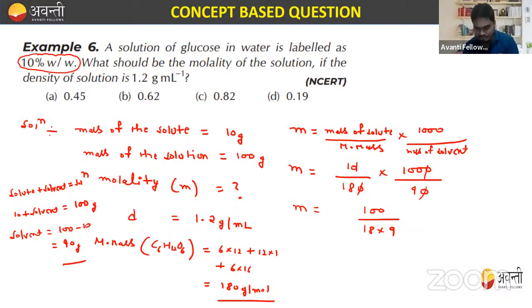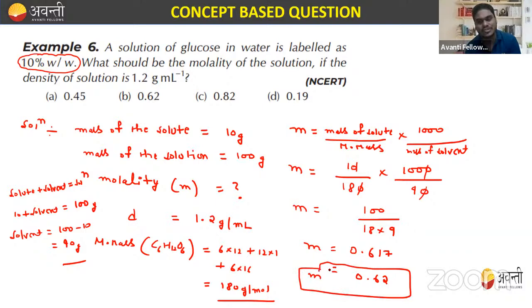What will you get? On solving, molality comes out to be 0.617 molal, or we can say it comes out to be 0.62. So this is the molality of this solution. So the correct option is B.